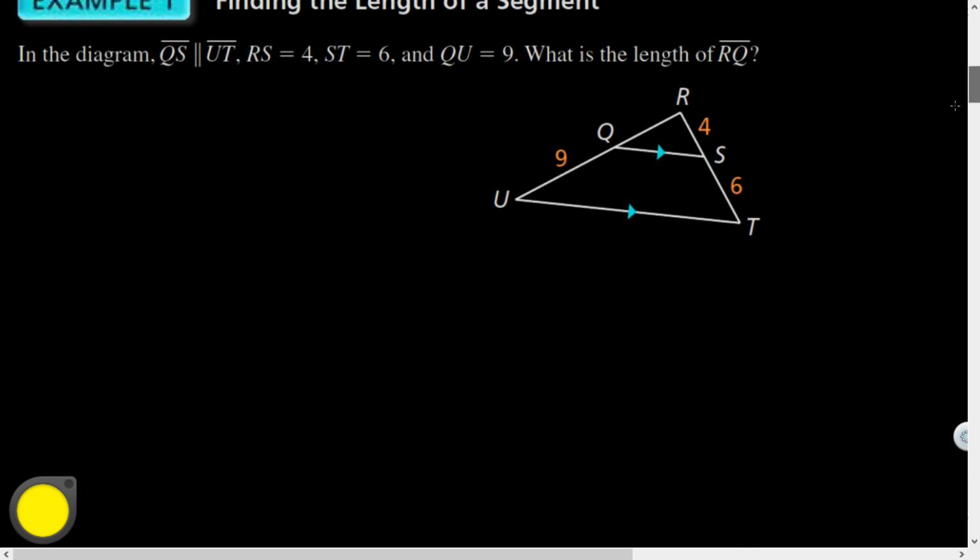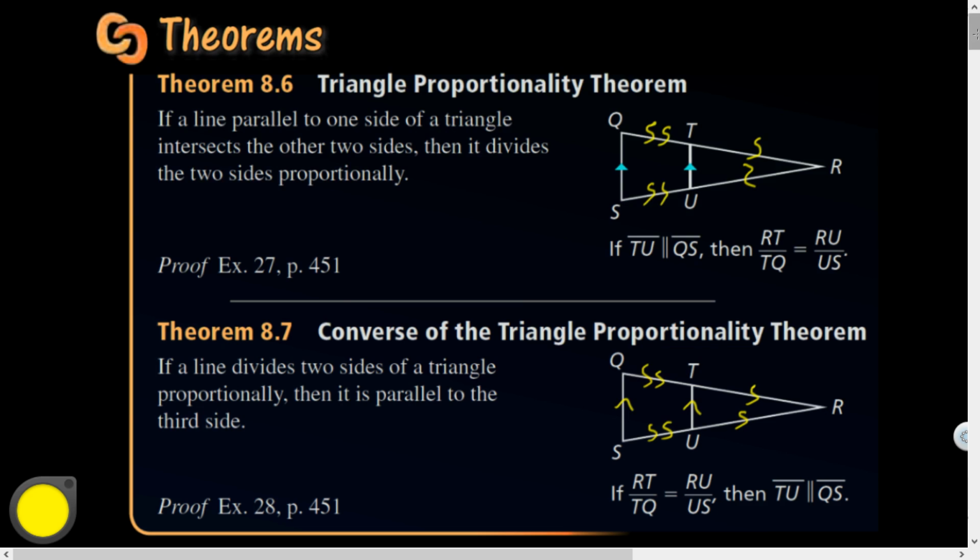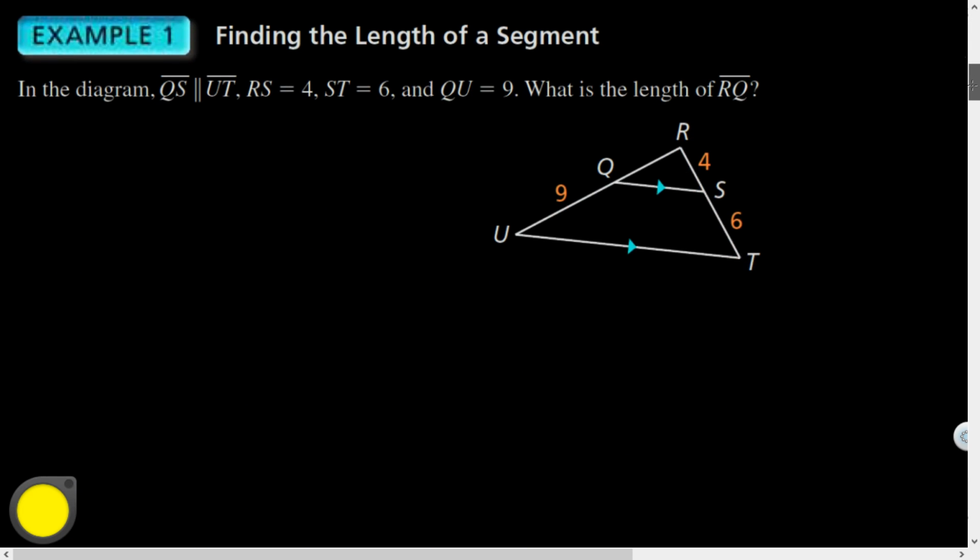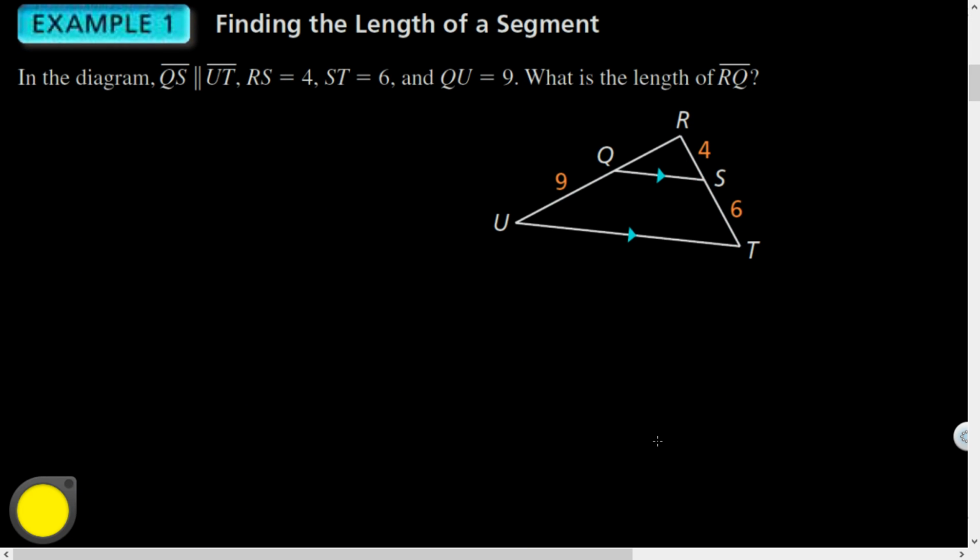So let's take a look at example 1. It says finding the length of a segment. In the diagram, they've given us two parallel segments. And it says RS is 4, ST is 6, QU is 9. What is the length of RQ?